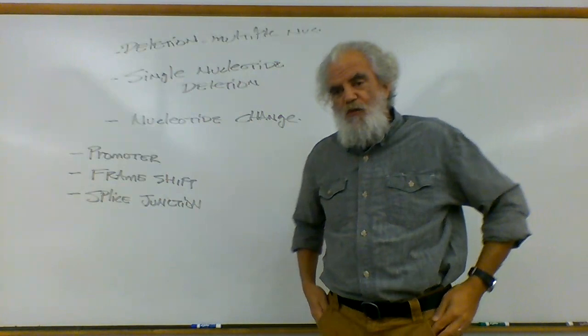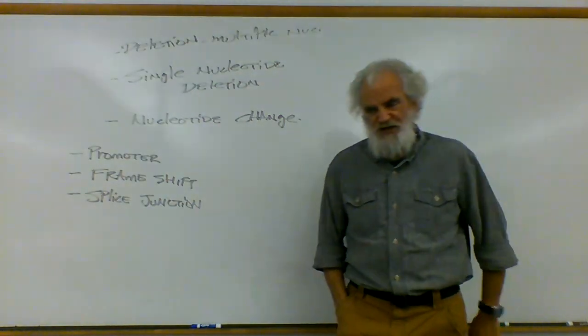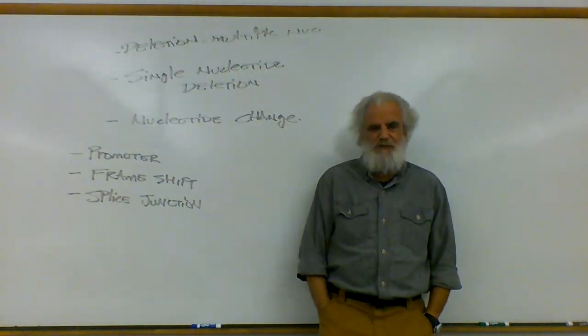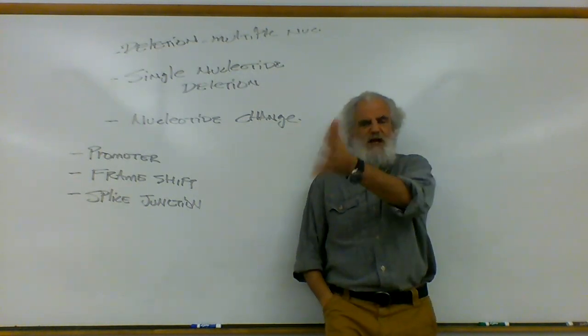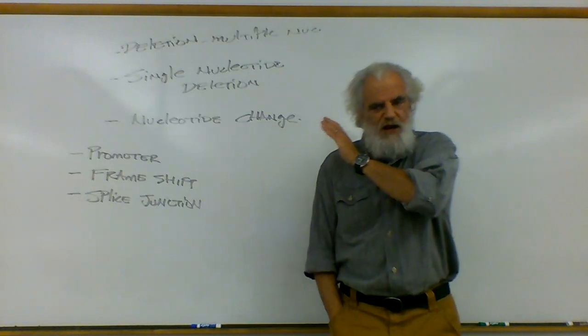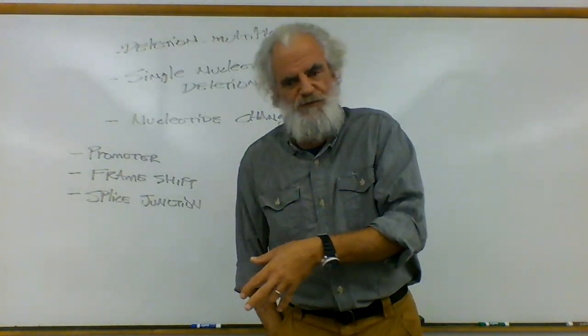And very often, when you're in the wrong reading frame, we'll be looking at some translations here probably next week with a little assignment, it's going to be stop codon after stop codon after stop codon. So if you're in the wrong reading frame, it's garbage.